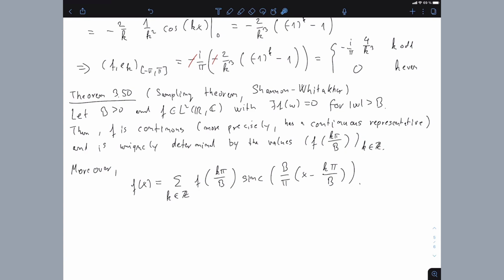So if you do hardware processing to get bandwidth limits, this is how you could get this b, for instance. Then it tells you what the sampling pattern is.